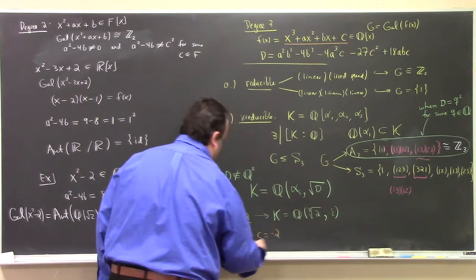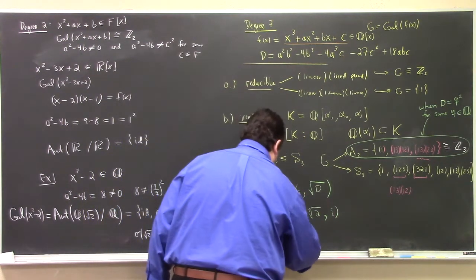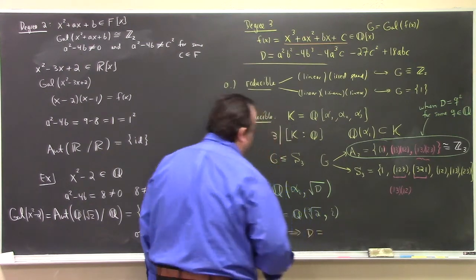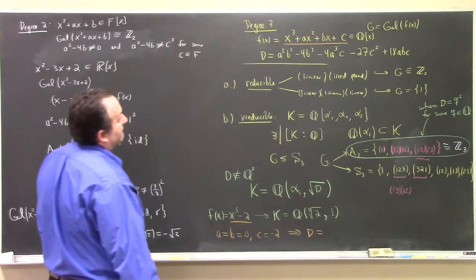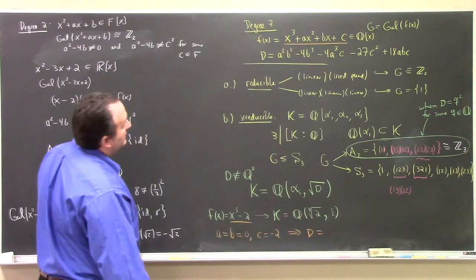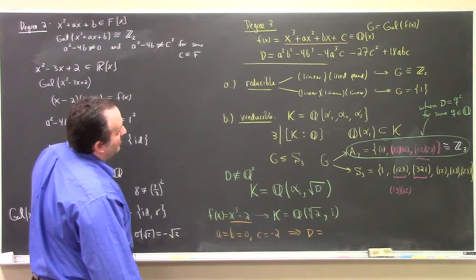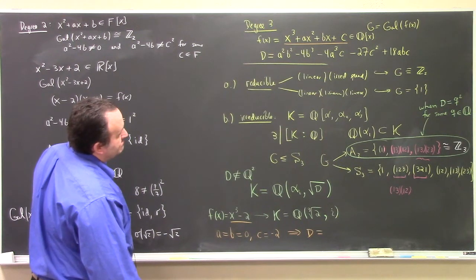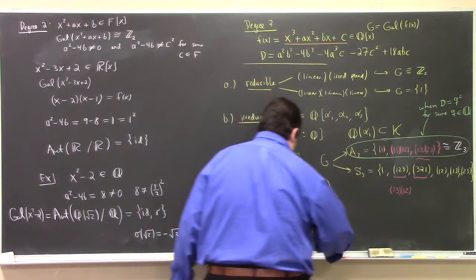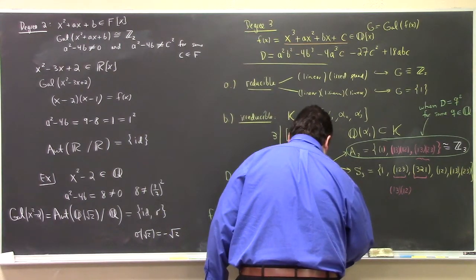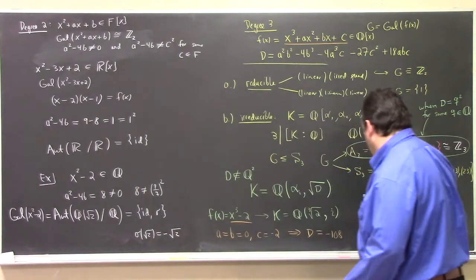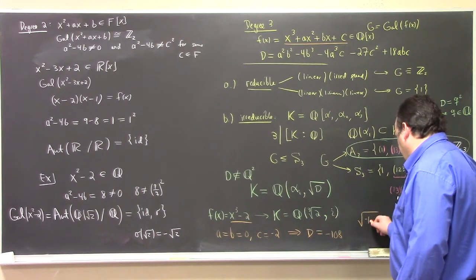So you get minus 2 squared times 4 times 27, which is 108, because everything else zeroes out except the 27 times 4. Is it 108 or minus 108? Oh wait, it's minus 108. So what is the square root of minus 108?